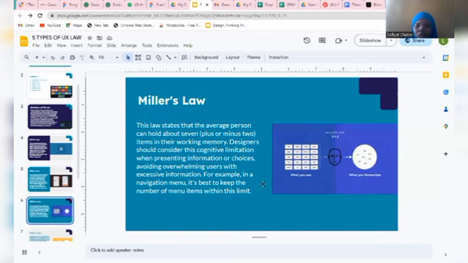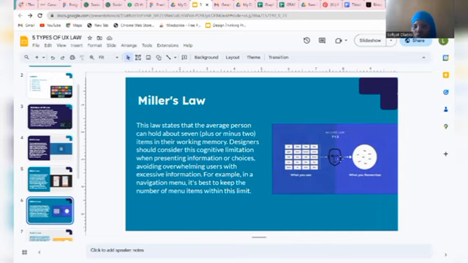Miller's law says that the average person can hold about 7, plus or minus 2, items. From this illustration, you can see that there are a lot of things there, but what we can actually remember is 7 things, plus or minus 2.